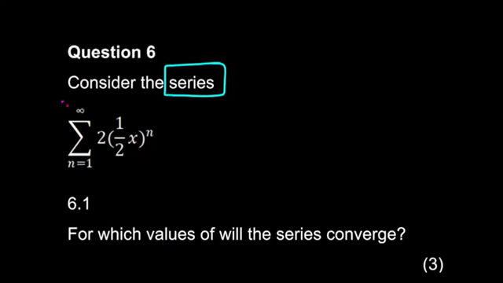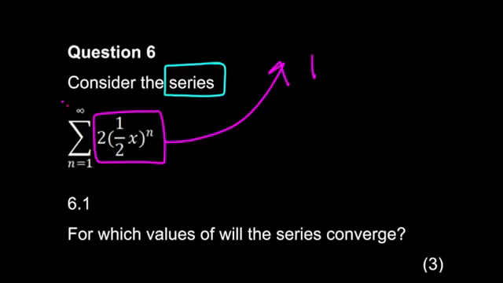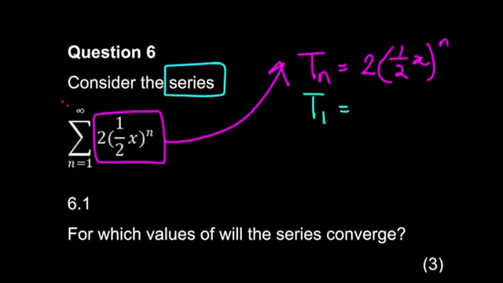So they have said, consider the series. When we're writing it out, remember, just before the break, we said that this is the general term, Tn. So Tn is 2 times a half x to the n. In other words, T1 would be what? 2 times a half to the x. So it would just be x. T2 would be 2 times a half x squared.